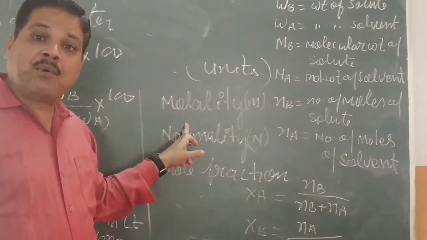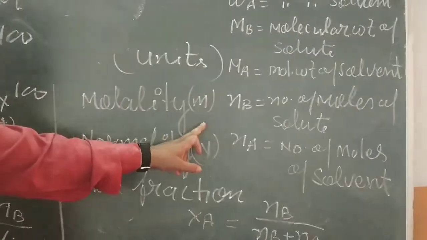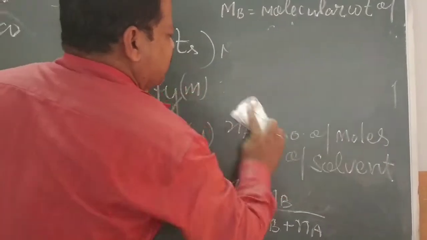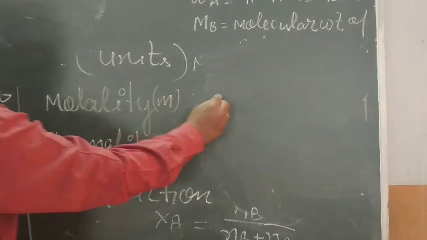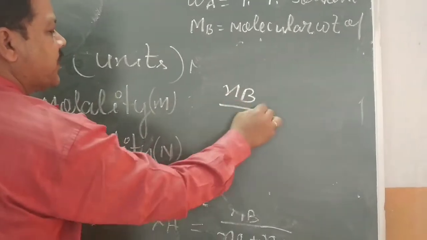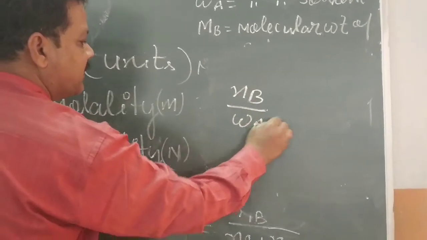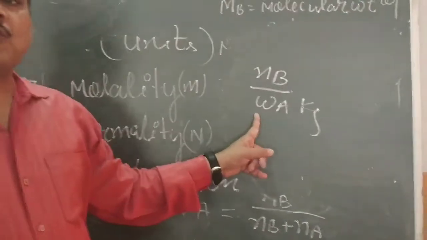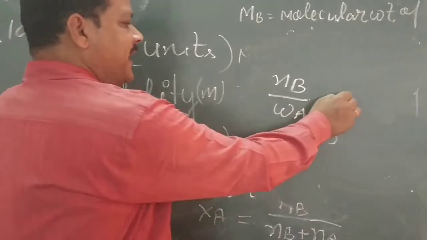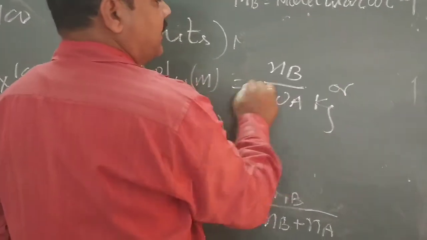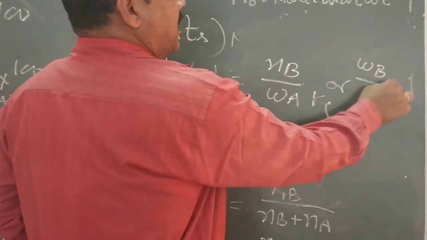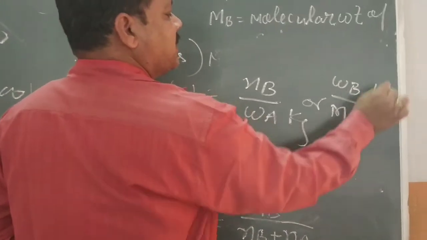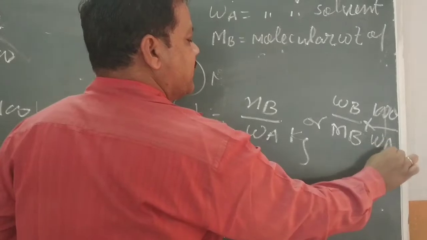Next unit is molality. In the same way, it is the number of moles of solute present in 1 kg of solvent, or it can be expressed as WB upon MB into 1000 upon WA.